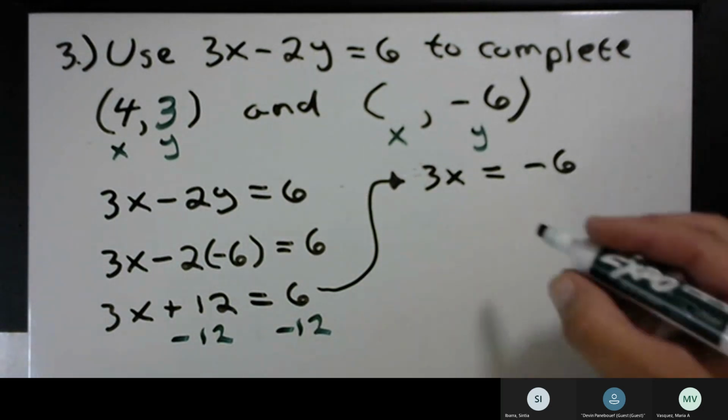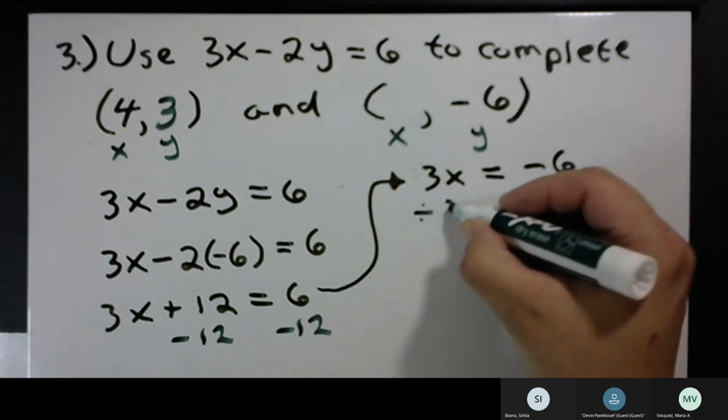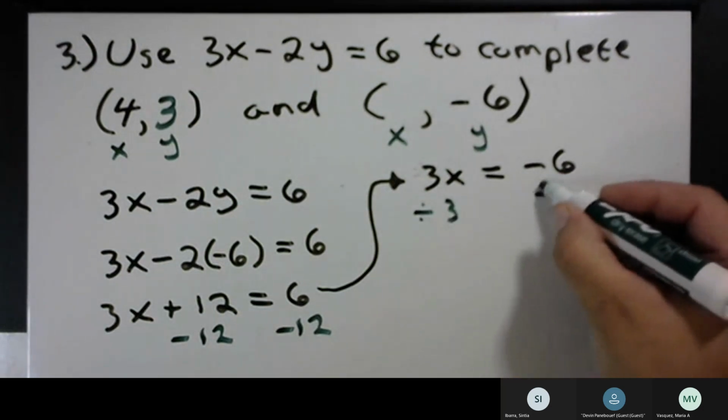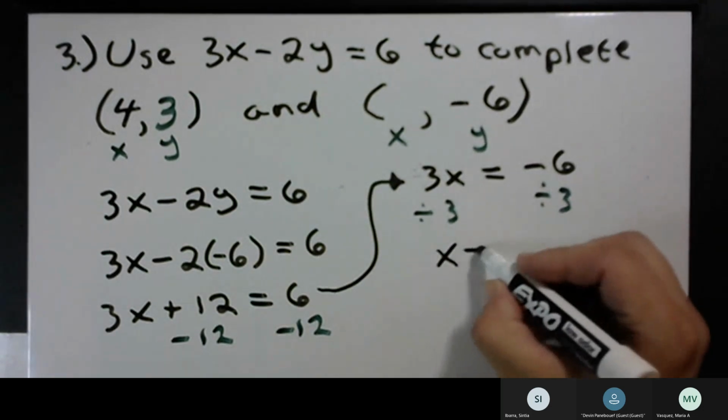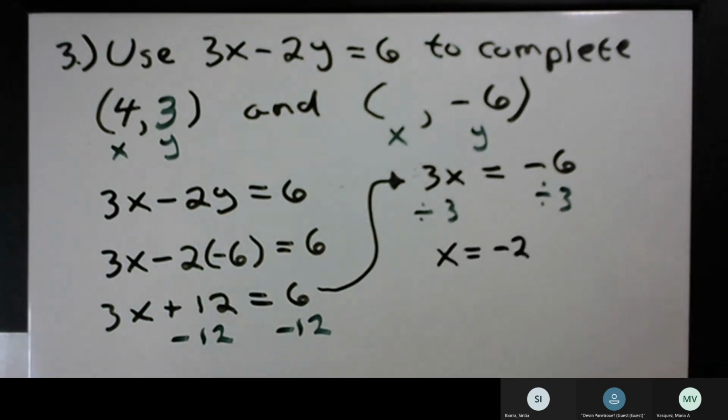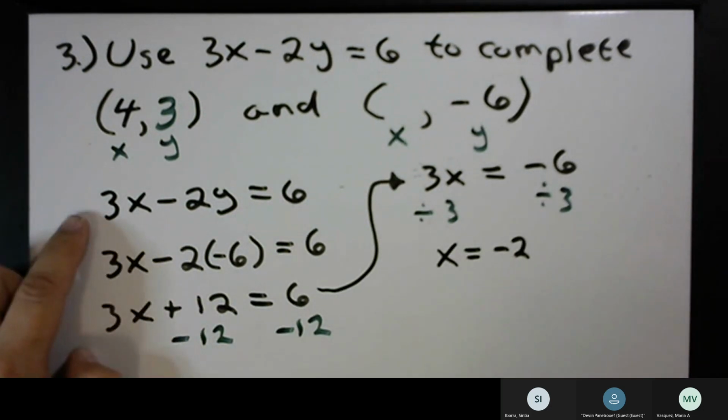Let's double check. We'll get x is negative 2. And let me double check. Let me make sure I didn't make an arithmetic mistake. Okay.